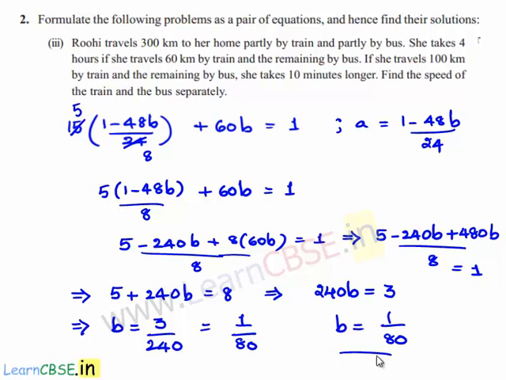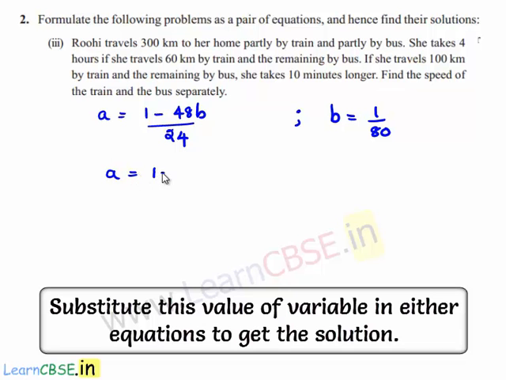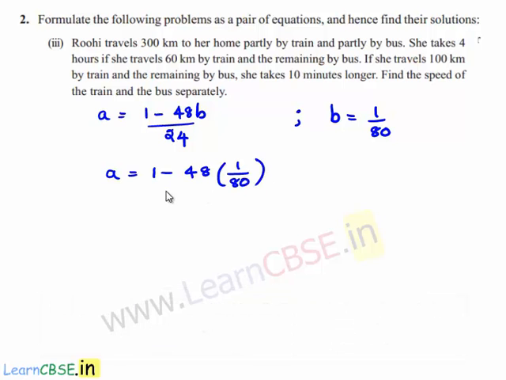Now let us substitute the value of b in this equation. Now we get a is equal to (1 minus 48 times of 1 by 80) divided by 24. So we can write this as 1 by 24 times of (1 minus 4 12s 48 and 4 20s 80, 4 3s 12 and 4 5s 20).